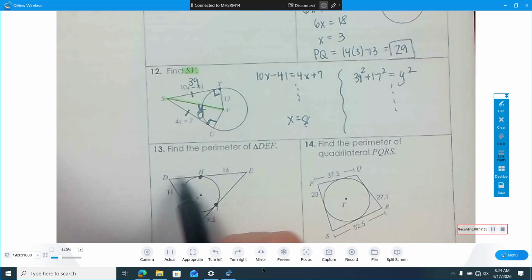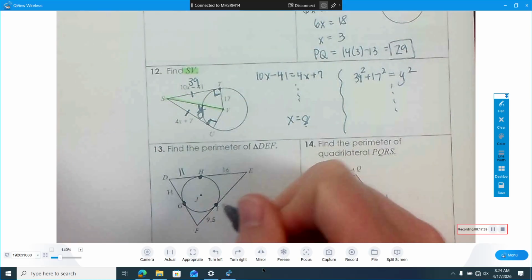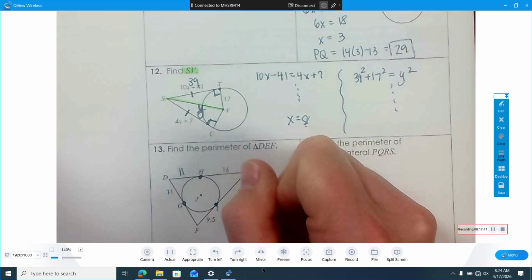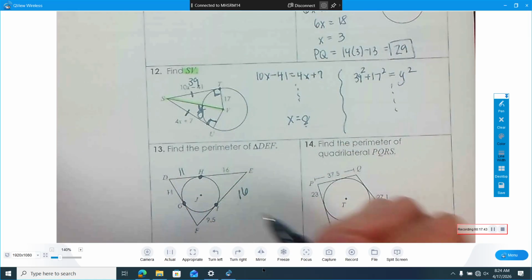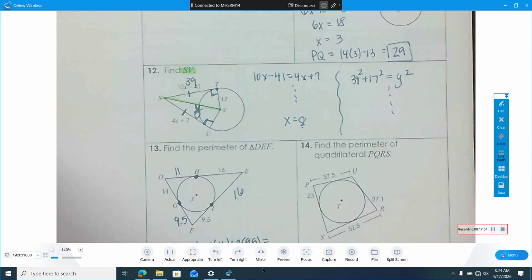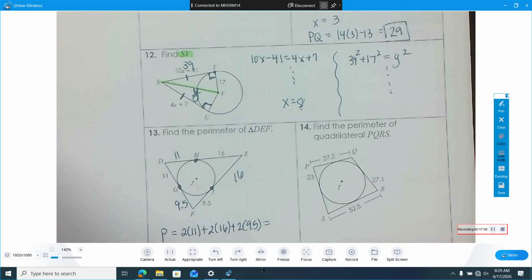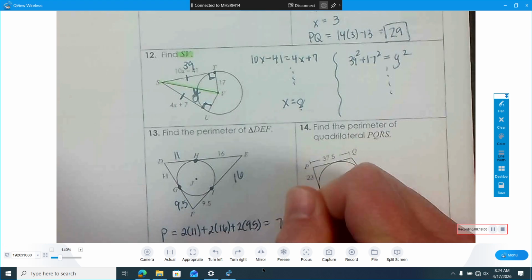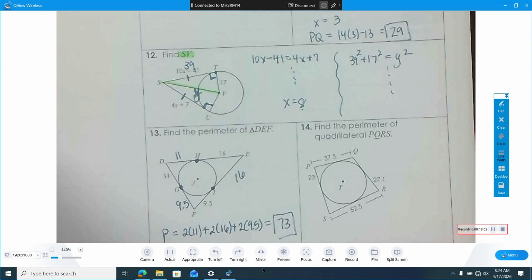So what's DH? 11. What's IE? 16. What's GF? 9.5. And so the perimeter is 2 11s plus 2 16s plus 2 9.5s. And that gives me 73. Good. Okie dokie.